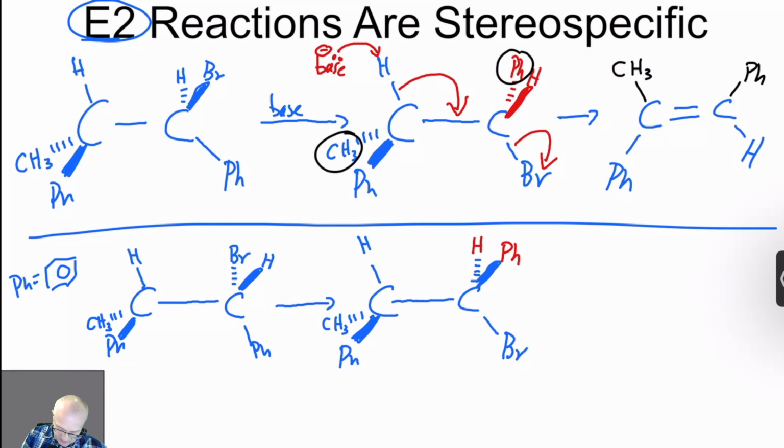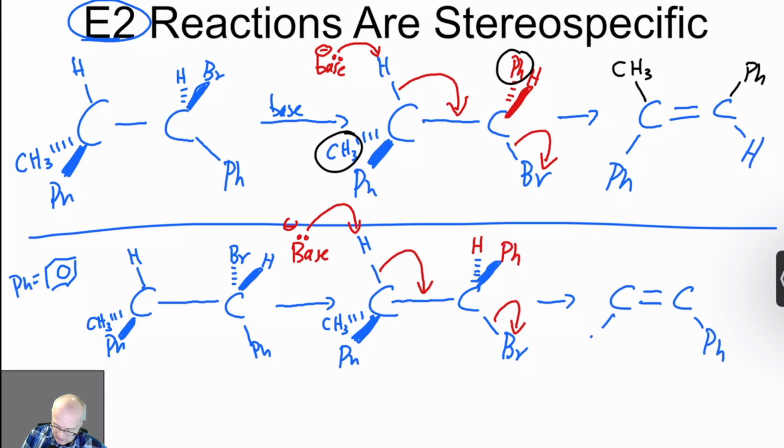So when we do the mechanism, you get something that looks like this, where the phenyl rings are on the same side of the molecule, and the methyl and the hydrogen are on the same side of the molecule.